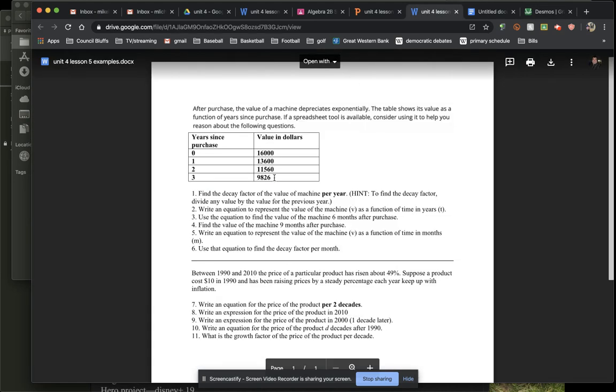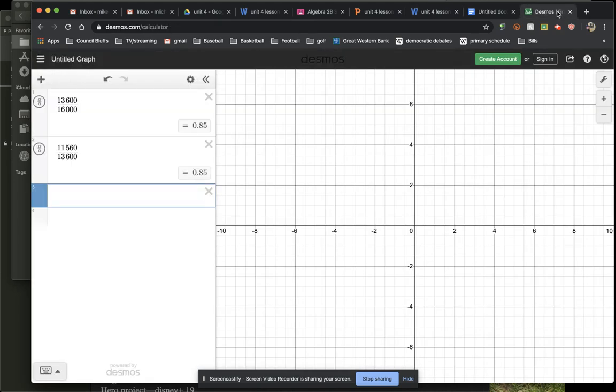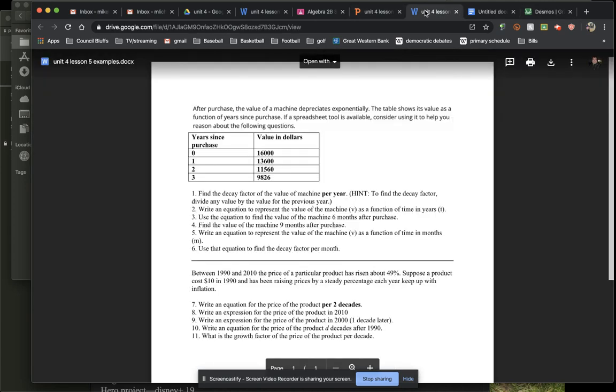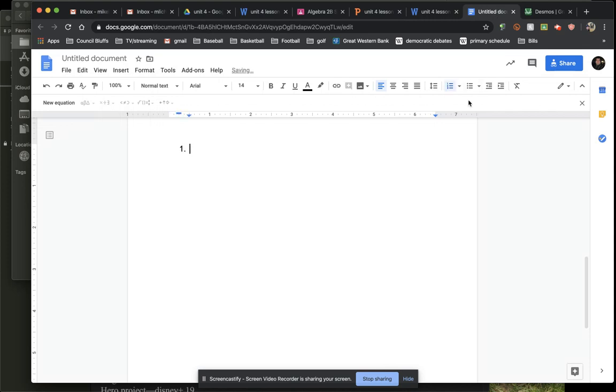If I go the other route and go 9,826 divided by 11,560, I get 0.85. The point is, to answer number one, the decay factor per year is 0.85.